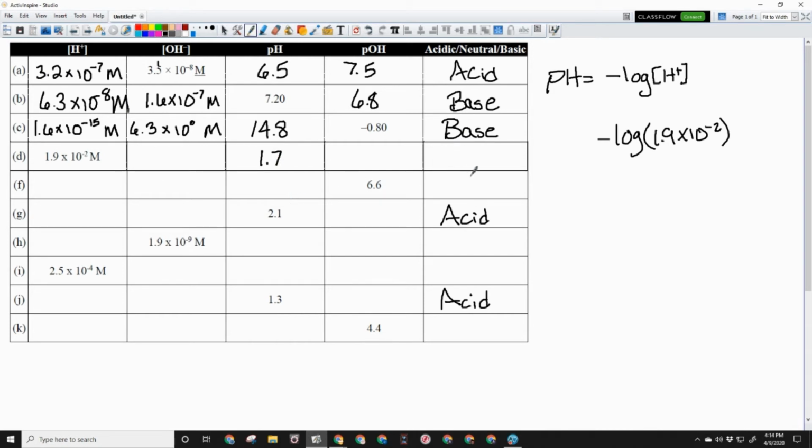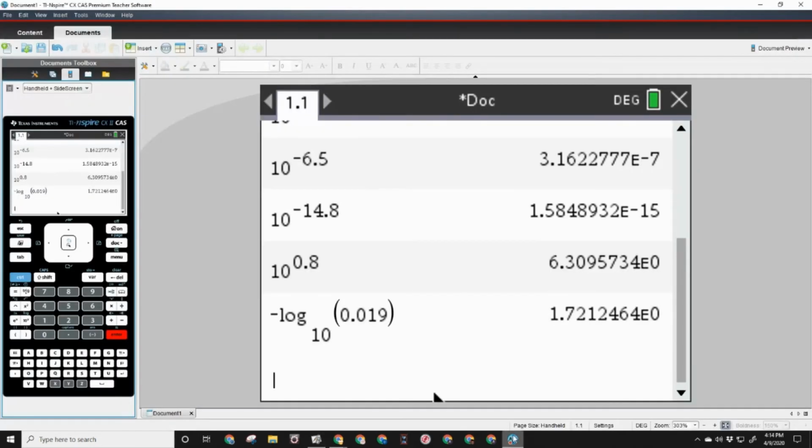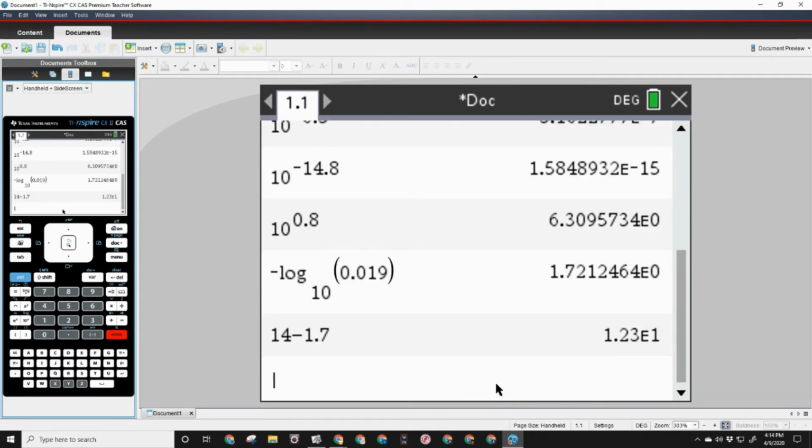Okay. So is this an acid, base, or neutral? It's less than 7, so it's an acid. Okay, what is the pOH? Well, that's going to be 14 minus 1.7, because pH plus pOH is equal to 14. So this is a 12.3. Wait, Mr. Mooney, that's 1.3. Yes, but it's times 10 to the first power.